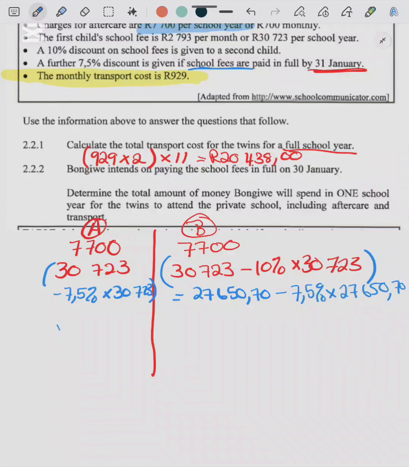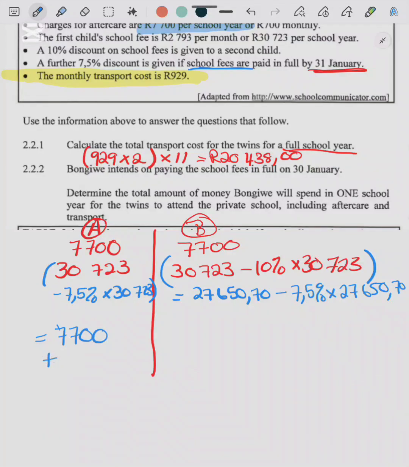Okay, so you could actually do this entirely doing one child and then go back and do the second child rather than working across both at once as I am. That's also perfectly fine. Okay, so let's take a look then. So child A, when we calculate all together, we've got the 770 aftercare.